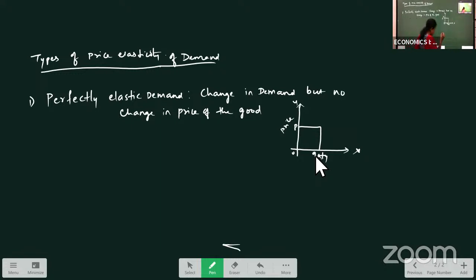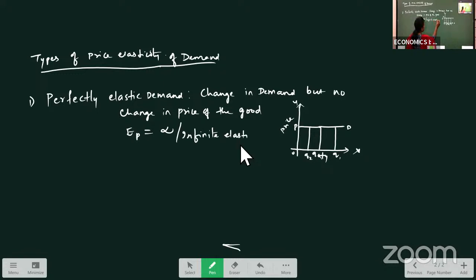Price will be the same, demand may increase or decrease. This concept is called perfectly elastic demand. We can write it as demand changes are infinite, so price elasticity is equal to infinity. It is also called infinitely elastic demand.